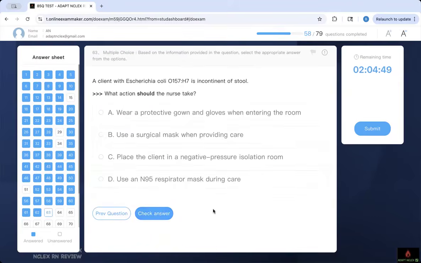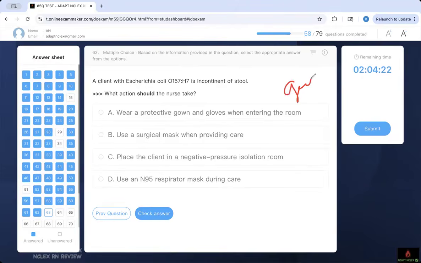E. coli, and the patient is incontinent of stool. A client with E. coli incontinent of stool. What action should the nurse take? Don't worry. E. coli is what? Dysentery. It's a GI problem. Diarrhea. If it causes diarrhea, most of the time, contact precaution. And therefore, I'm going to institute contact precaution. I need to protect myself.